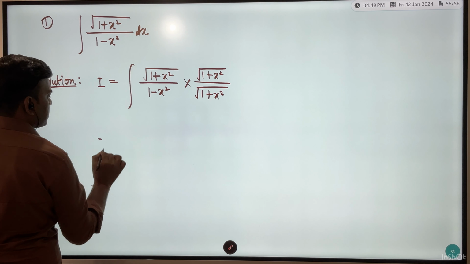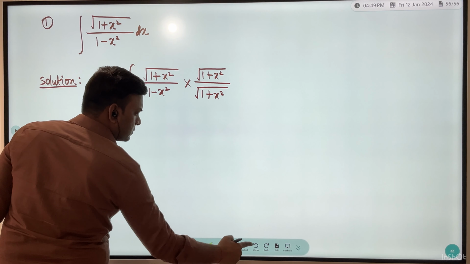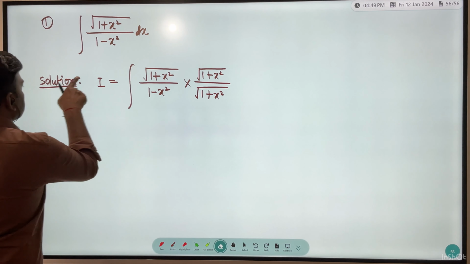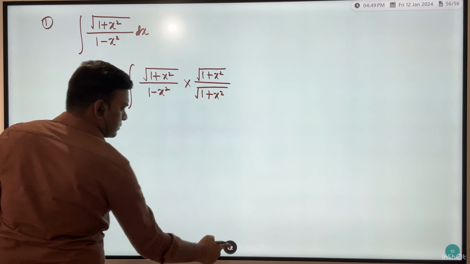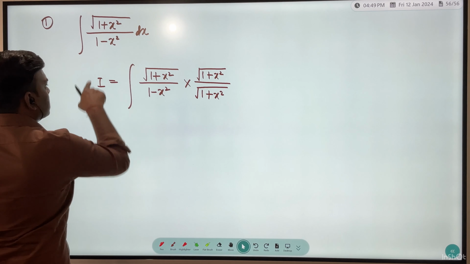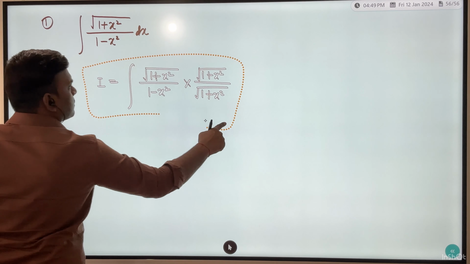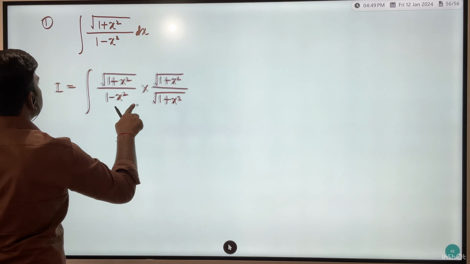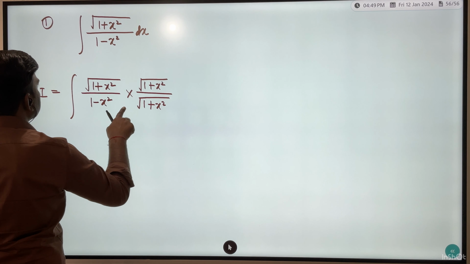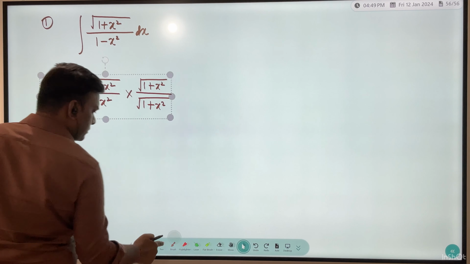Now we can see that from the numerator we can remove the square root sign, because the square root of 1 plus x square into square root of 1 plus x square will become 1 plus x square. And after that we can take the help of substitution to solve this problem.